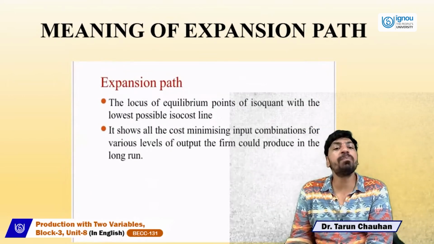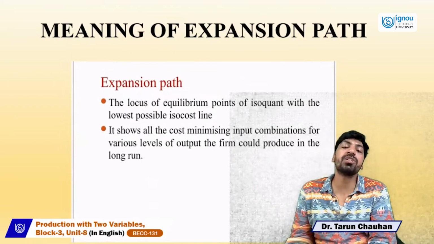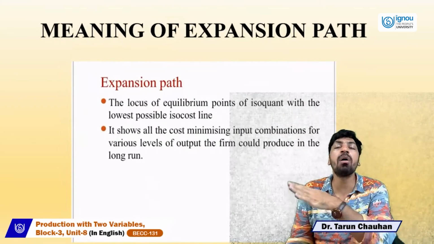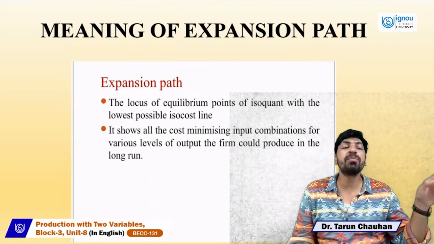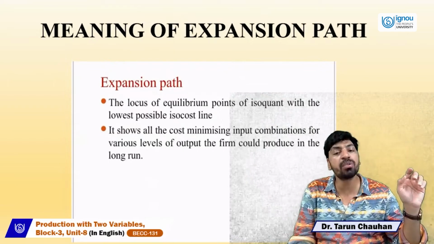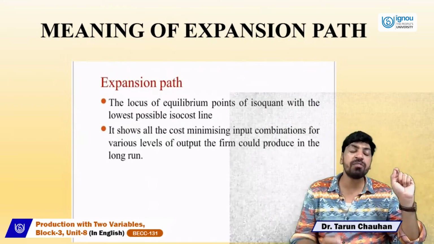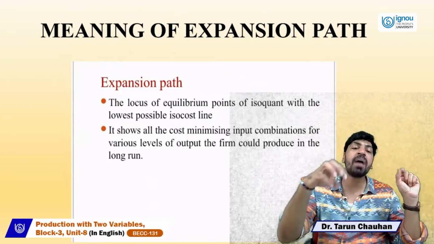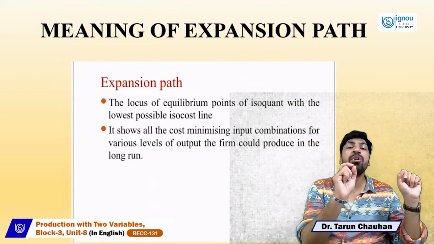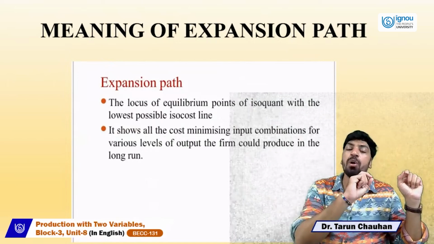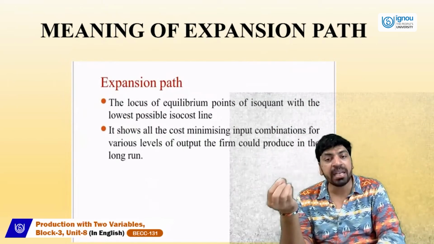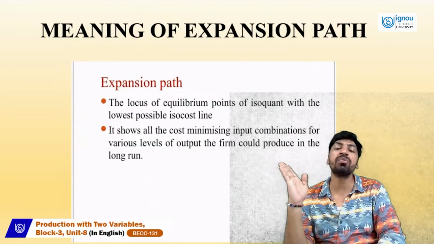What is the expansion path? As I already told, the expansion path refers to a locus of points of all the combinations of inputs that refers to the lowest possible isocost lines. So how does the expansion path begin? It begins from the origin, the lowest point, which always begins from the lowest isocost line and keeps moving forward to the highest.